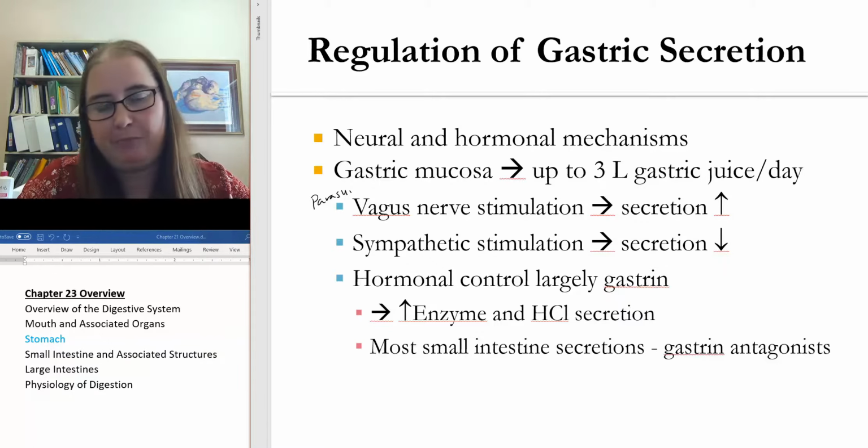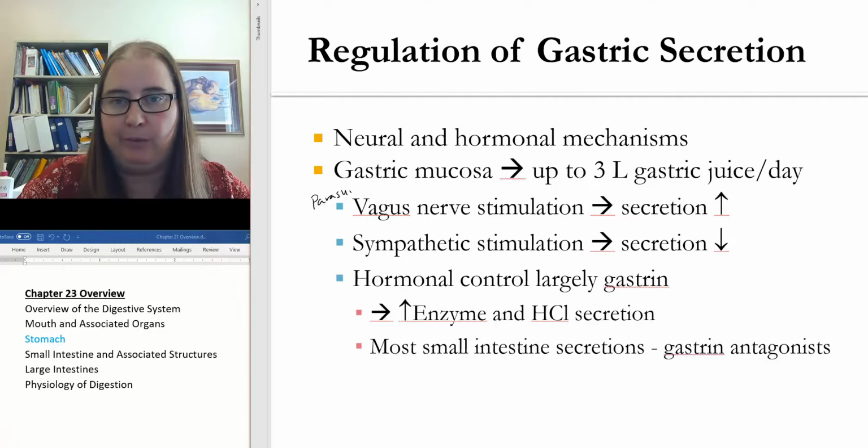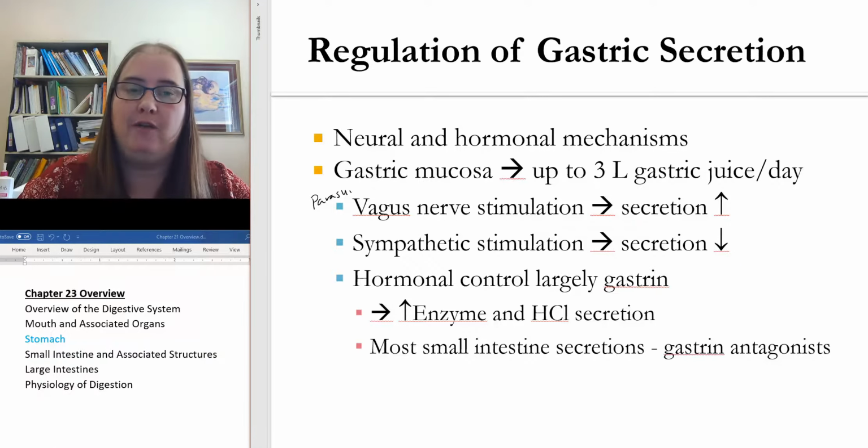If we activate sympathetic, this is our fight and flight, right? We're running away from a bear. We don't want to worry about digestion, right? So the system will shut down secretion when we activate the sympathetic. Now, hormonally, the majority of our secretion is driven by the hormone gastrin.